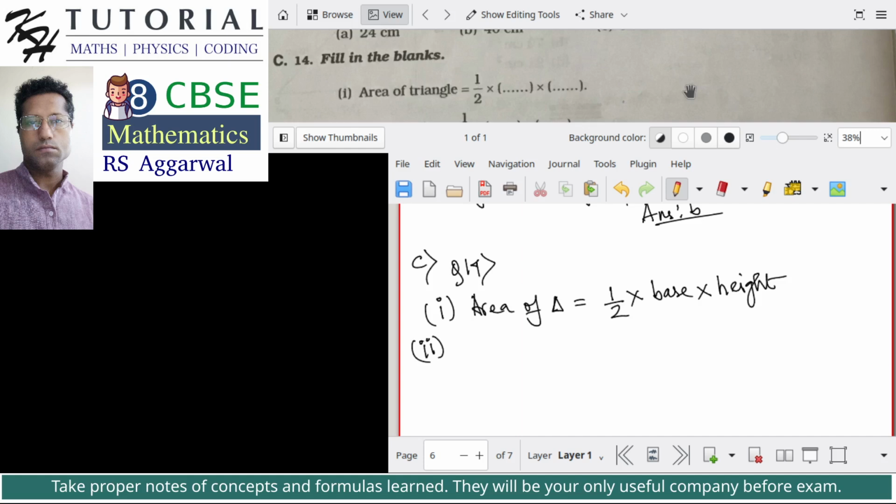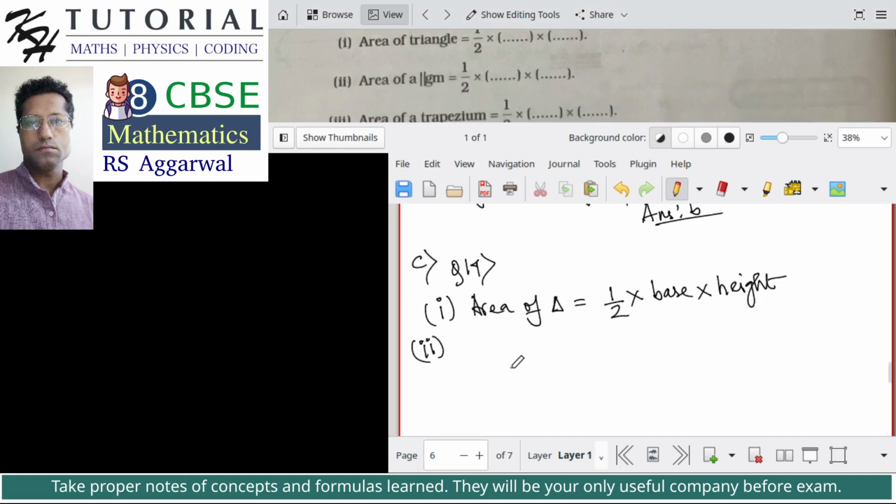Part 2, area of parallelogram. Area of, this is a short notation for parallelogram. Okay, so area of a parallelogram I think is half into also base into height.